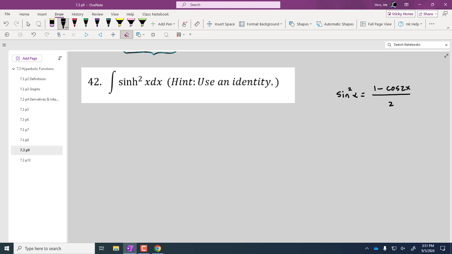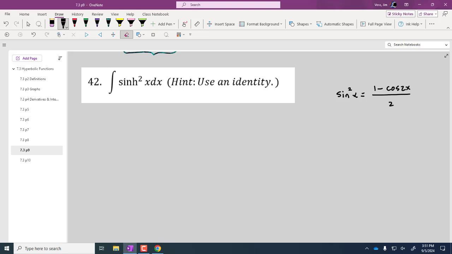The power on the trig here is 2, the power on the trig there is 1. The angle is doubled, but that's fine because that's just reverse chain rule. So the power has to be reduced, whether it's sine squared or cosine squared. Tan squared, secant squared, cosecant squared, totally different. It's only sine squared and cosine squared. You have to reduce the power.